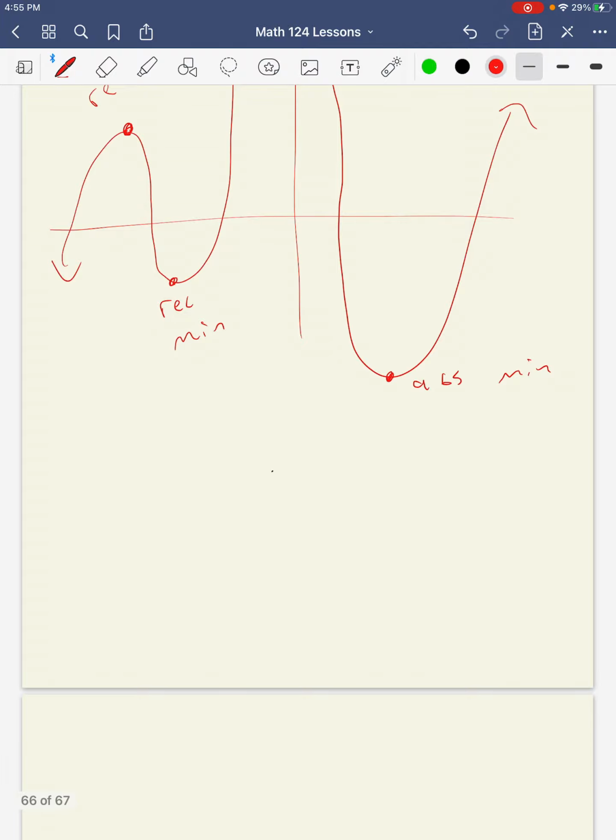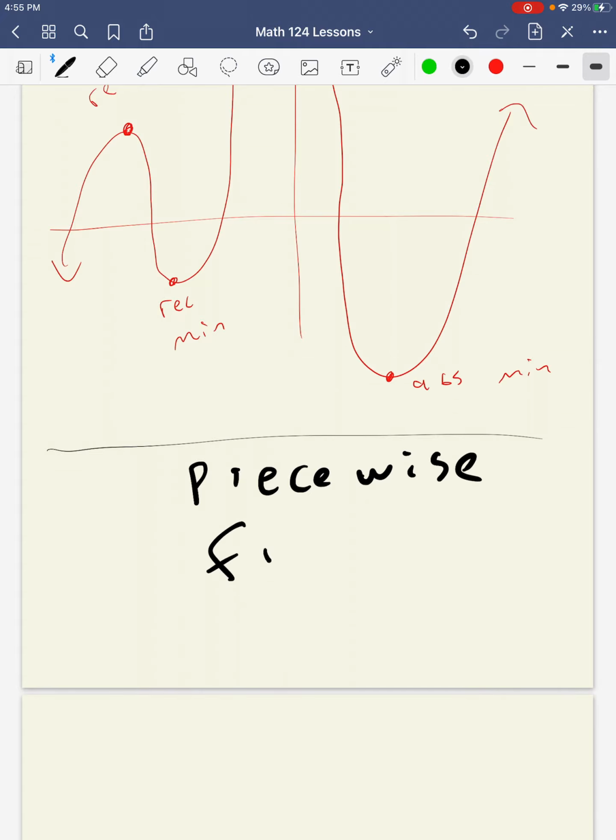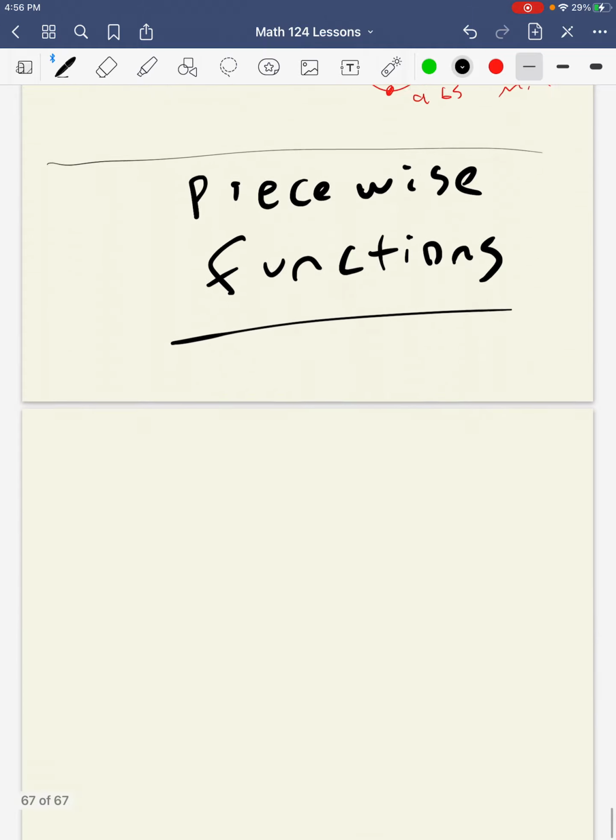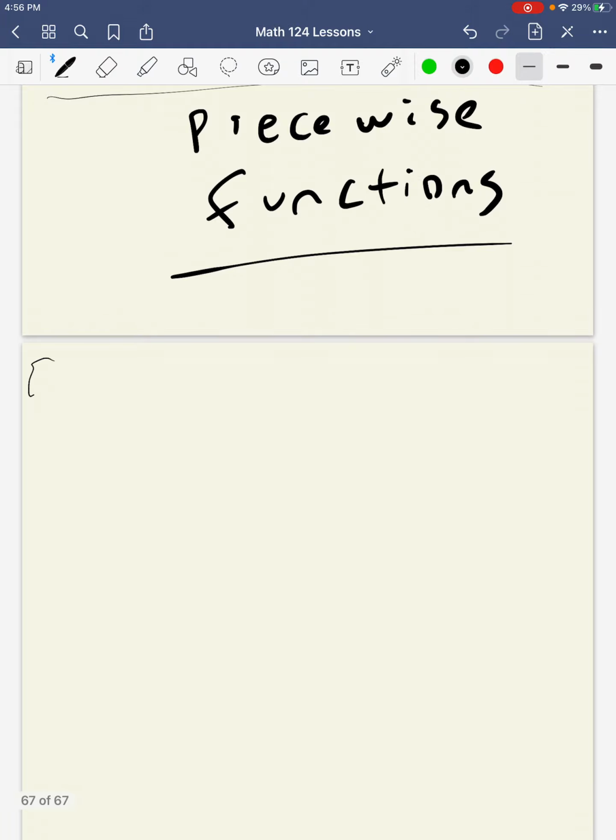Okay, so now I want to change topics a little bit and talk about piecewise functions. So a piecewise function is best demonstrated through an example, so I will just show you a piecewise function and then explain how to understand it.